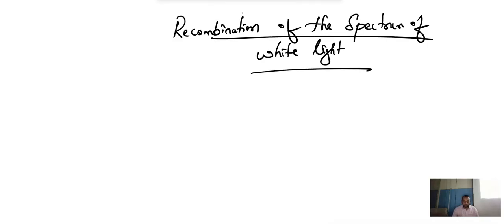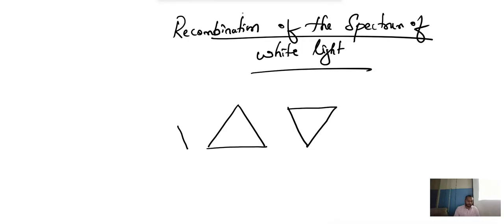Recombination of the spectrum of white light. First, what you should do? Draw two triangles, and one more inverted triangle. Two triangles. Here we have taken a source.